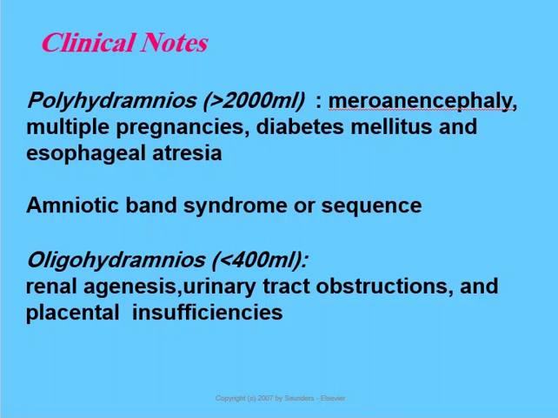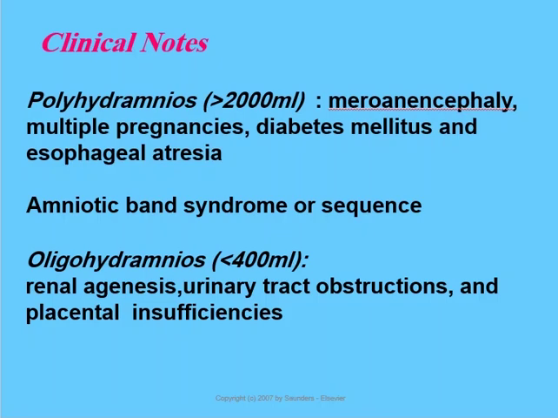In case of a low amount of amniotic fluid, when the level is less than 400 ml, it's called oligohydramnios. It may indicate renal agenesis or urinary tract obstruction or placental insufficiency.